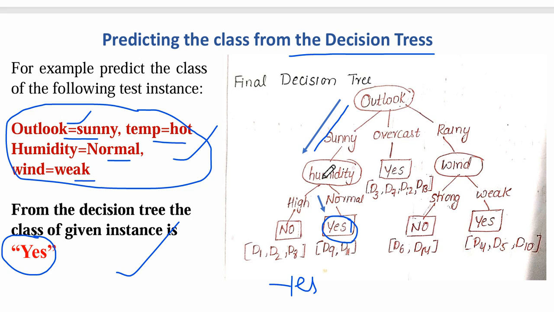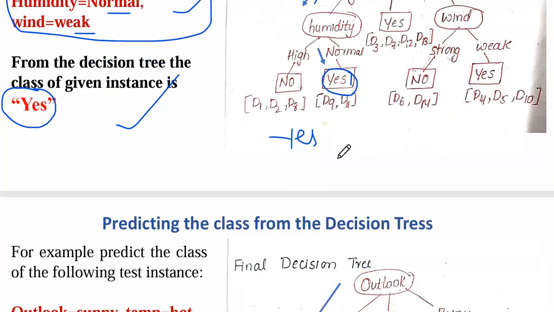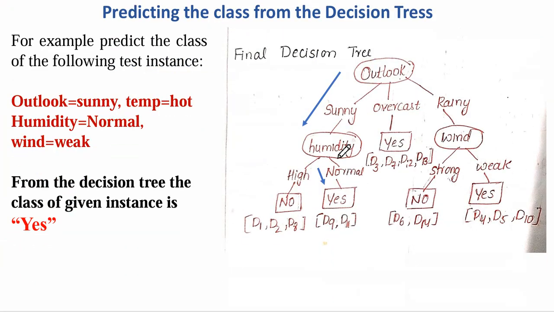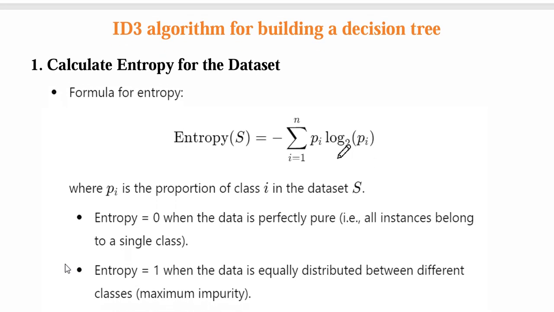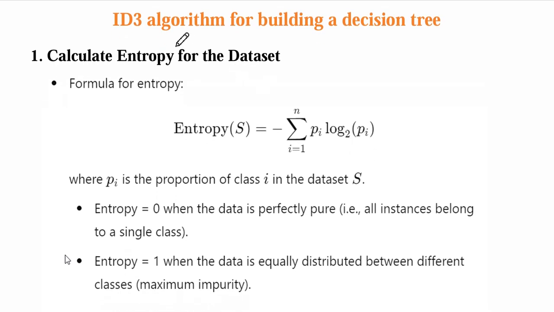Likewise, from the decision tree, we have to predict the class of the given test instance. That is in depth about the construction of the decision tree and predicting the class of the given test instance from the decision tree. Hope everyone understood this problem. Now once you know the problem, we can easily understand the algorithm.